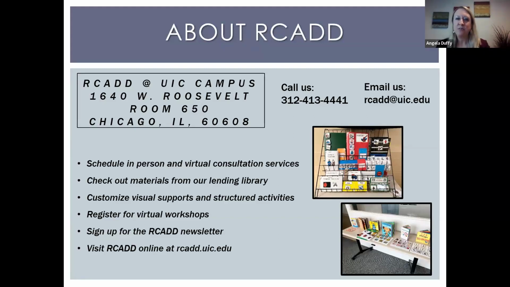You can see in the top picture some examples of visual supports that we can make, like the visual schedule. We make a communication book that's very similar to the PECS one, except we use binders and materials that we get from Office Depot, Office Max.